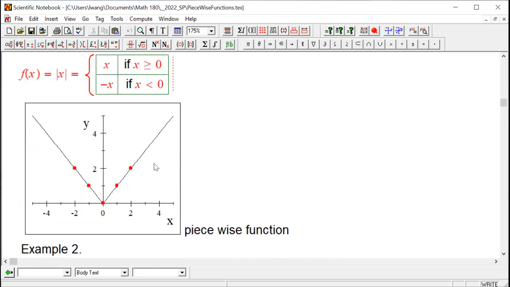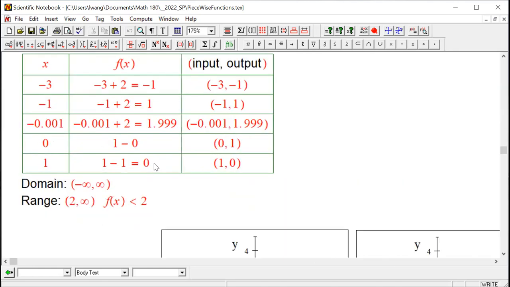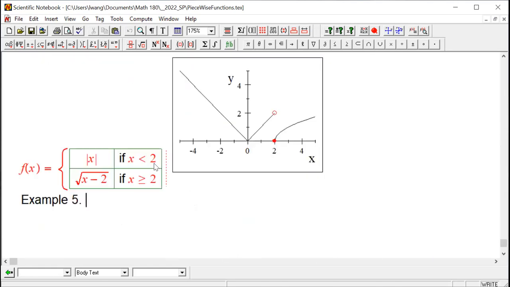Oh, we haven't talked about domain and range for the one before, right? Okay, domain and range, before we get to example 5. What is the domain? The domain of this function is actually all real numbers. You can see the entire number line is covered, all the numbers are defined.